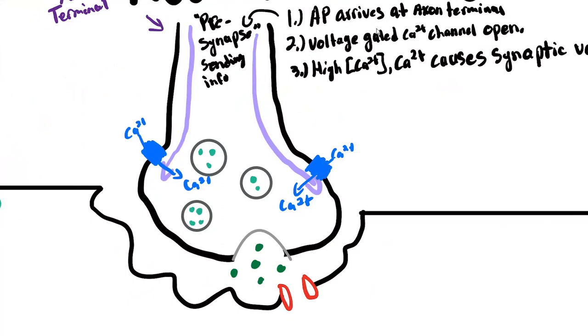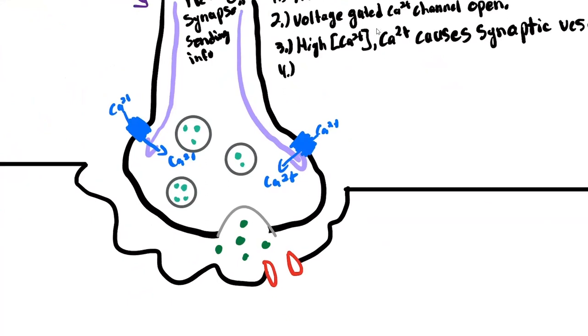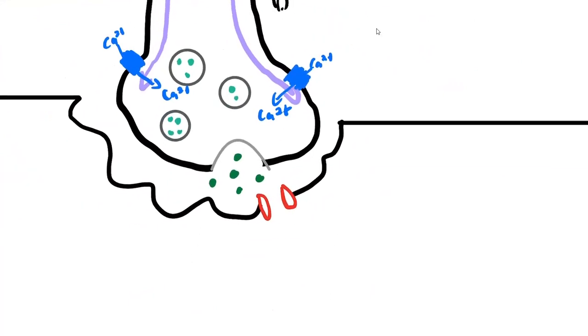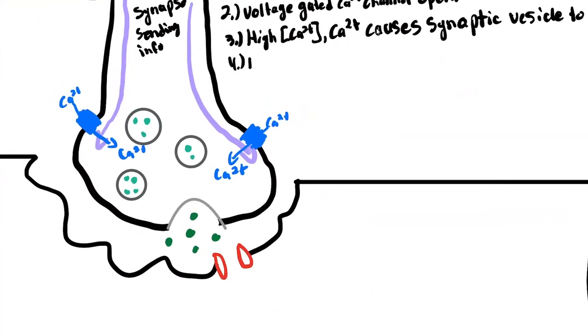So step 4. The neurotransmitters are going to bind to the chemically gated sodium channels, and that is going to allow the entry of sodium through the membrane. I'm going to call it ACH for short. So this is a neurotransmitter.